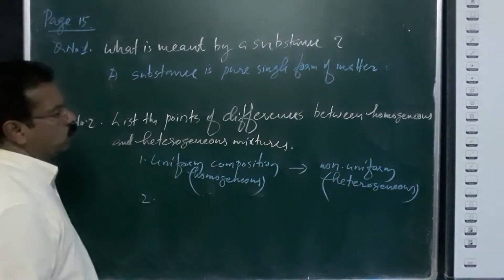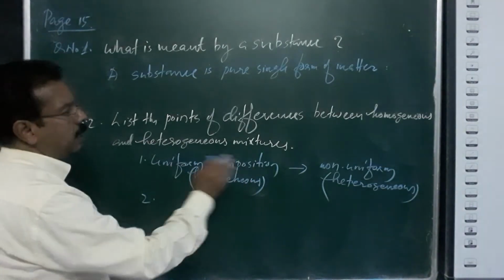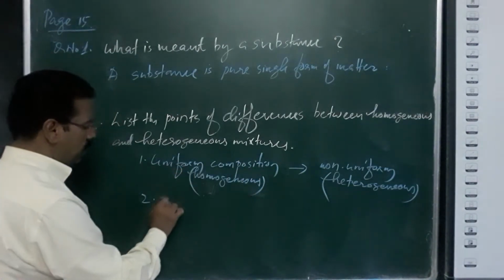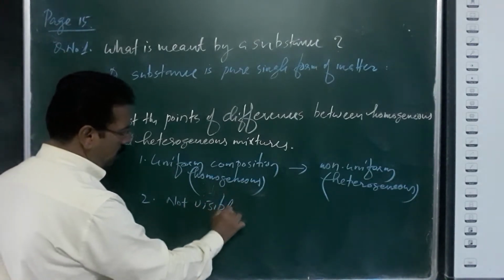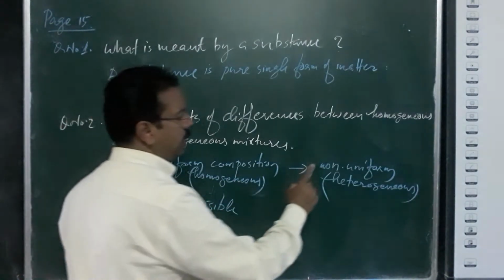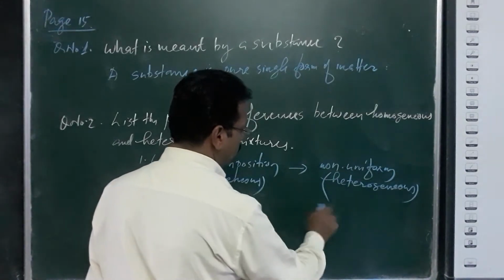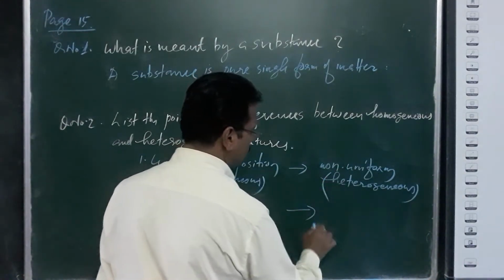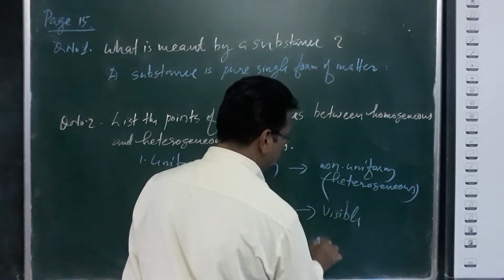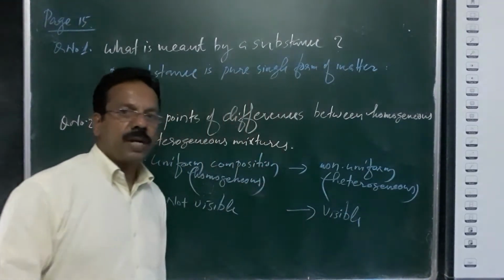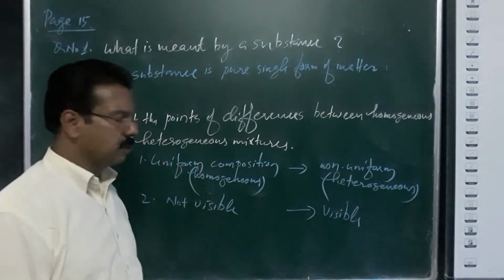And second, in a homogeneous mixture the boundary of separation of the different components is not visible with the naked eye. But in a heterogeneous mixture, the boundary of separation of different components is visible with the naked eye. These are the two main points.